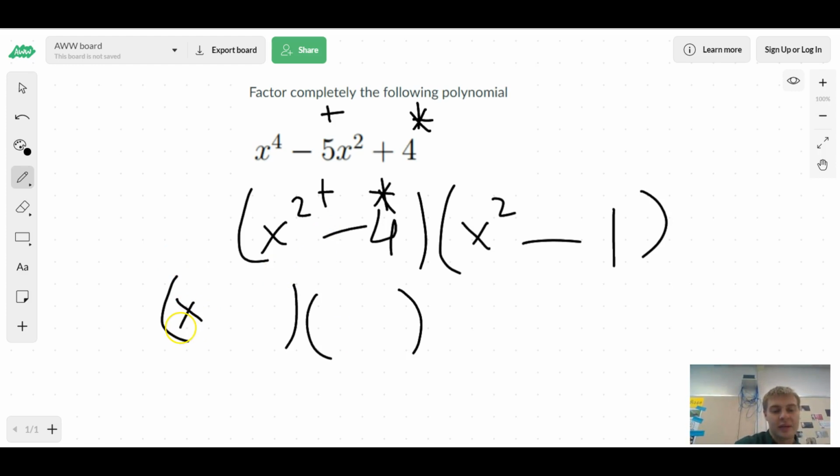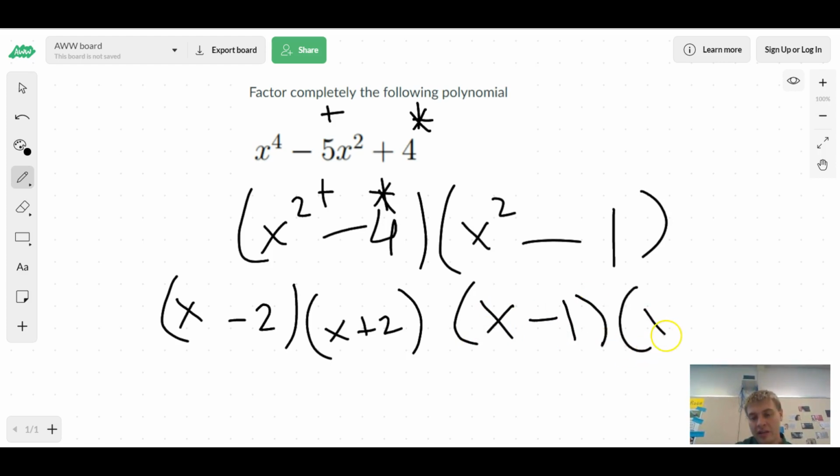So that would be x times x, and then negative 2 times positive 2 would get me to negative 4 and add together to give me 0. If you saw the pattern that worked for there, this pattern would also work, because now I have x minus 1 and x plus 1, and that would equal 0 and multiply together to give you negative 1. That is factored out completely now.